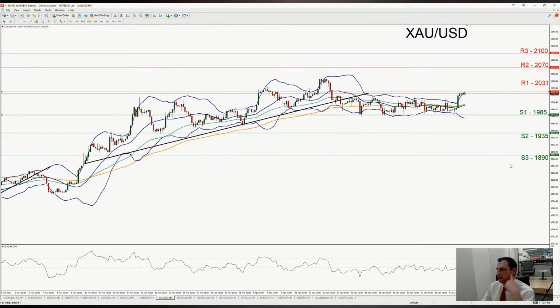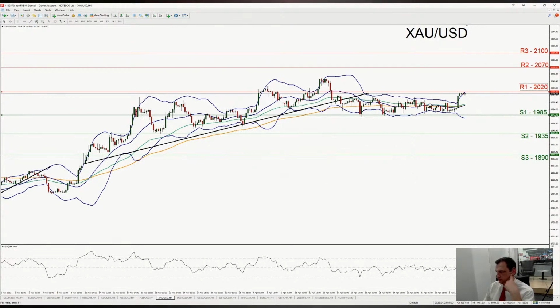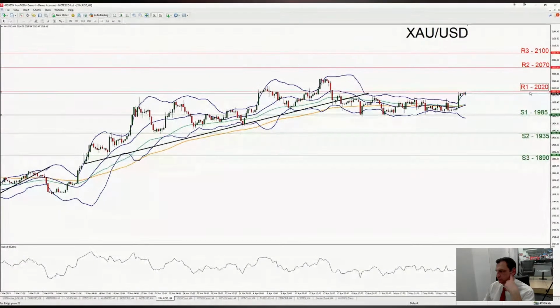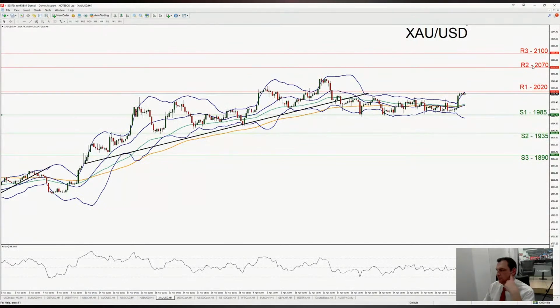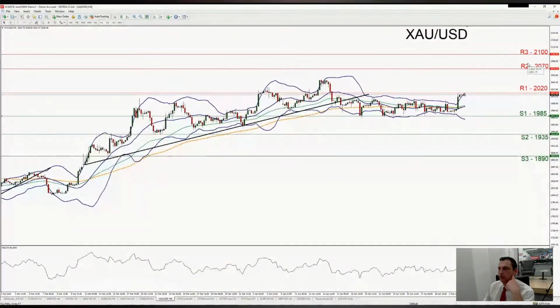We're talking about the 2020. Mind you that the R2 is at 2070, which is an all-time high.